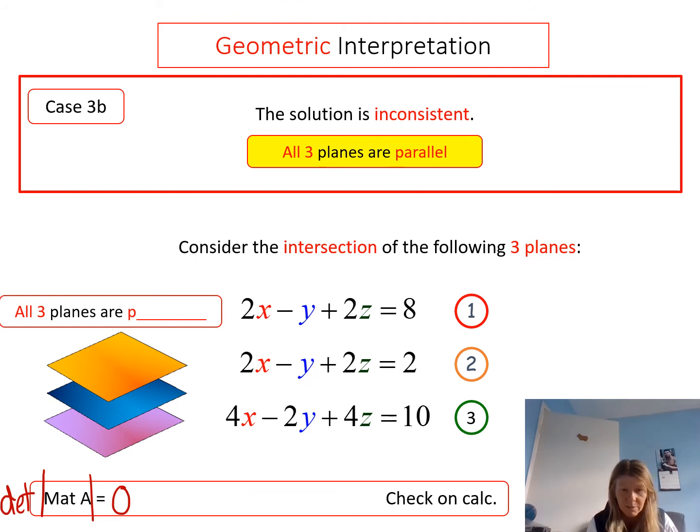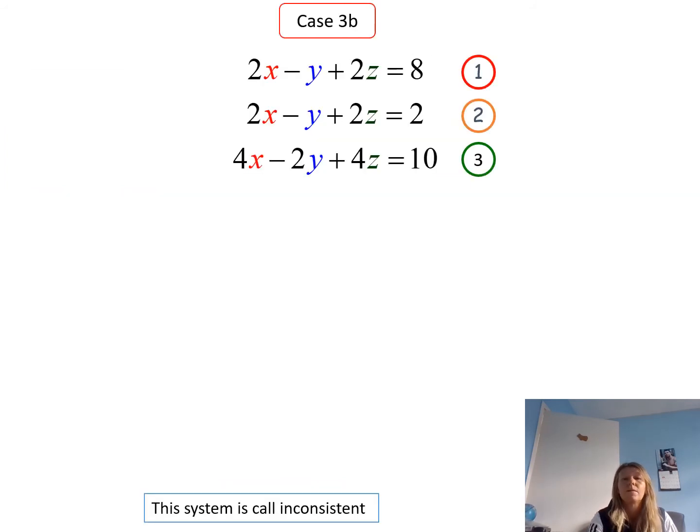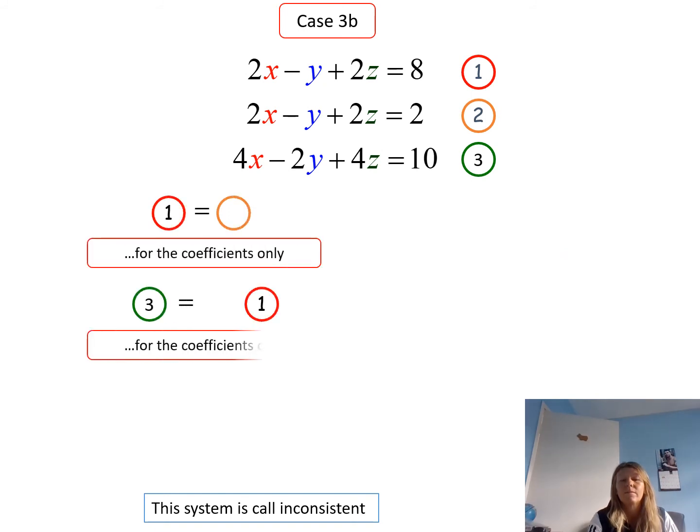And you can see why they're parallel, because line 1 equals line 2. Don't ignore the constants, but for matrix business, row 1 equals row 2.